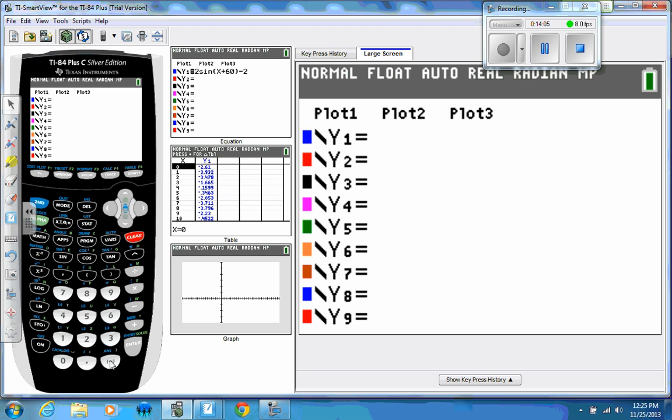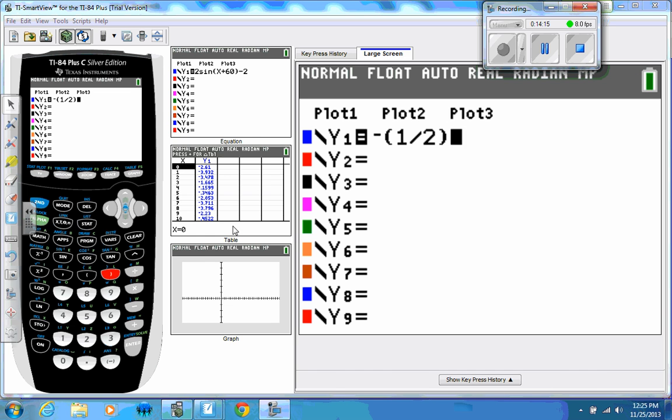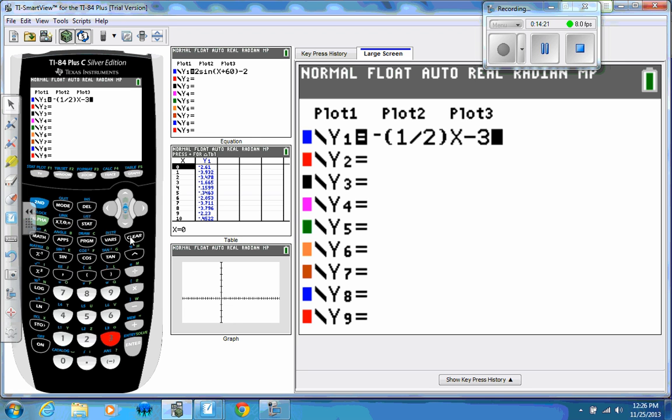I'm going to use the negative button, and then you can put in brackets 1 divided by 2, or if you know 1 divided by 2 is 0.5, you can also use that. So negative 1/2 x minus 3. And for the second one, negative 2x minus 3.